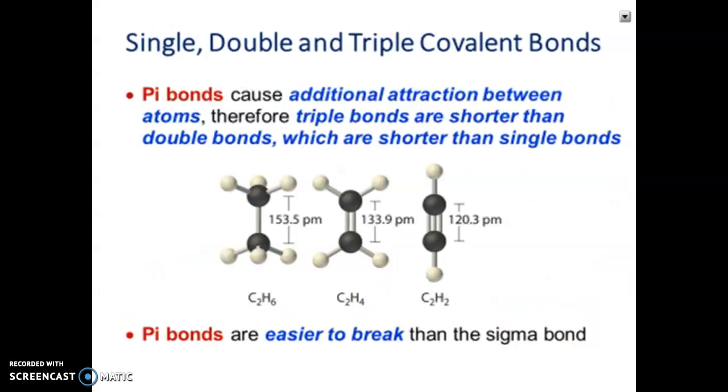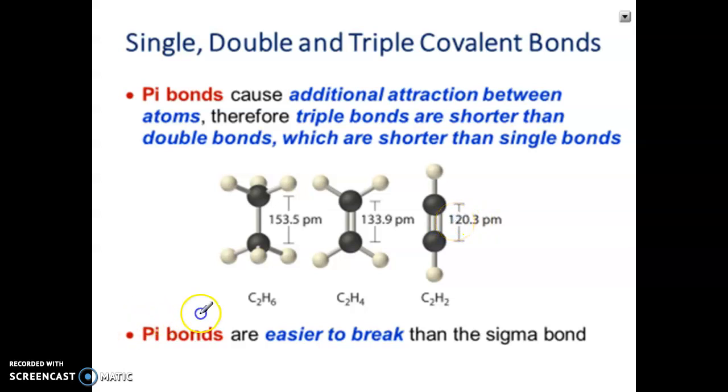Now, the last piece here is discussing the strength of these bonds. Pi bonds make the molecule much shorter in comparison to ones that only have single bonds. However, even though the molecule becomes shorter, you would think that it would become more difficult to break in a chemical reaction.